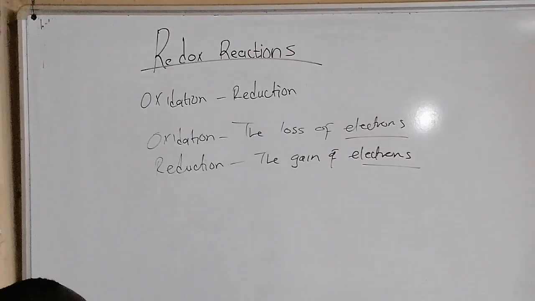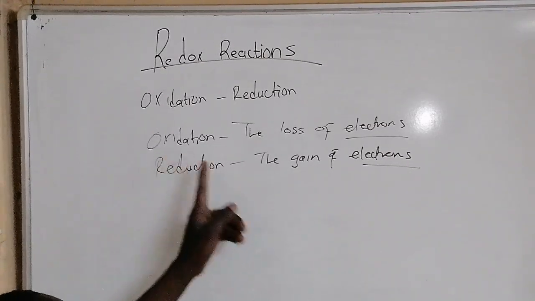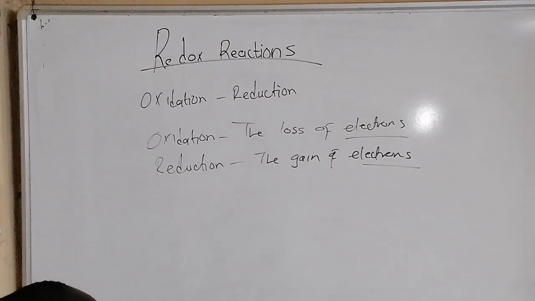Oxidation is the loss of electrons. Reduction is the gain of electrons. Sometimes they can say define oxidation in terms of electron transfer. It is still the same thing. This is how you define the term oxidation and the term reduction. So it is very important for you to know how to define these two terms.